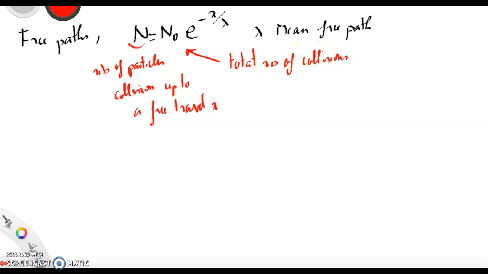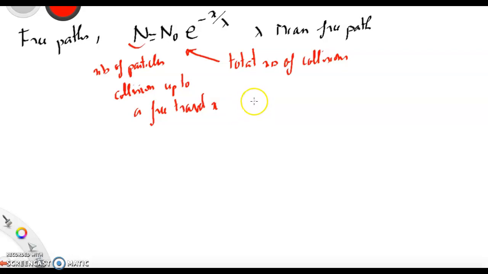I mean, you could think of it as you're sending 10 to the 23 particles, and then you're basically having them travel freely with obstacles in the path. Then you tell yourself, okay, fine. After, let's say, 1 micron, I have 100 particles who collide. After 2 microns, I ended up with 200 particles who collided, etc. And then n is the total number of particles who collided before this.